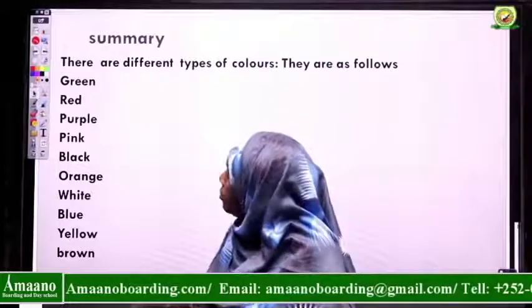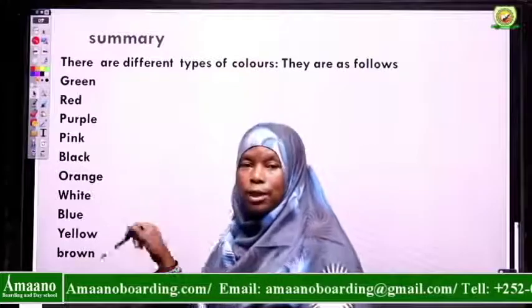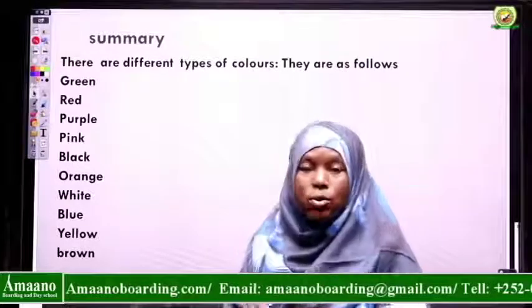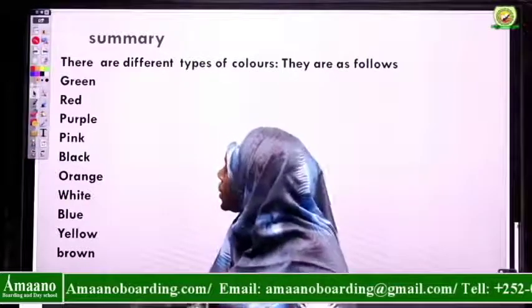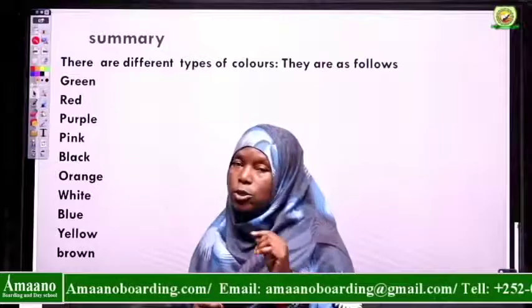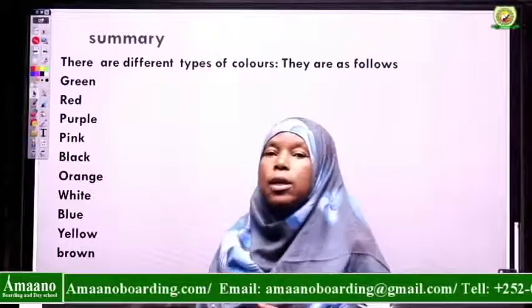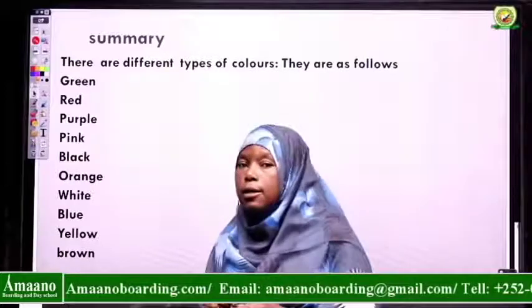So remember, these are different colors that we meet in our daily lives, or we use them, or we see them everywhere we go. And it is best that we also know how to spell them. You should be able to know what they look like and how you can spell them.